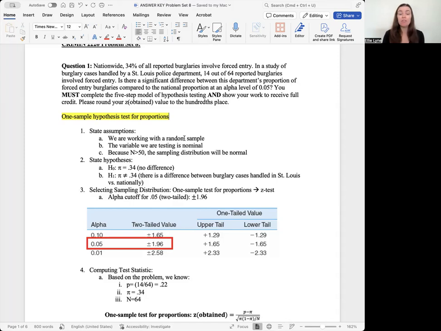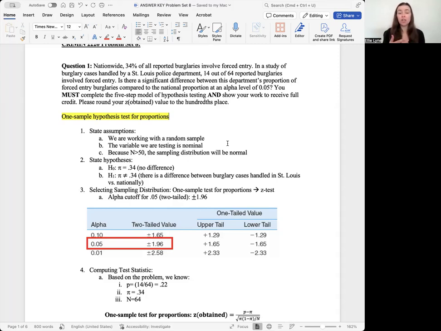And so, specifically for a one sample hypothesis test for proportions, we assume that we are working with a random sample, that the variable we are testing is nominal, and because our sample size exceeds 50, the sampling distribution will be normal. Our assumptions here have to actually be met, and if we are in violation of any of them, we should not proceed with conducting the rest of the test.